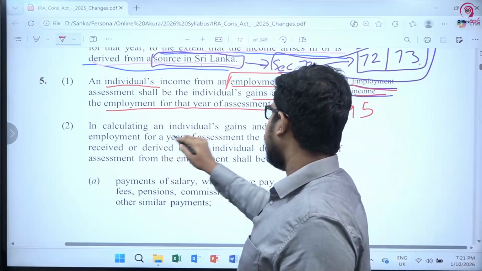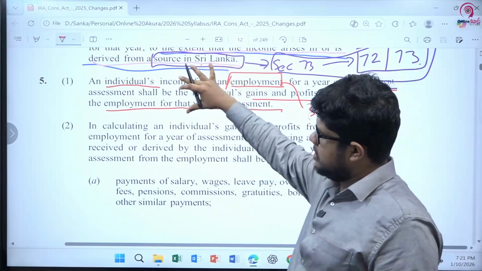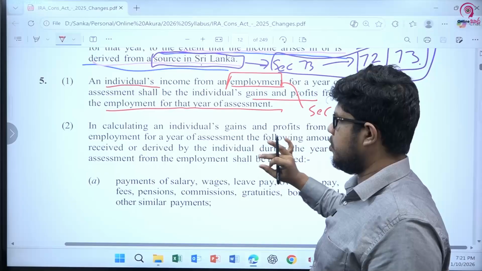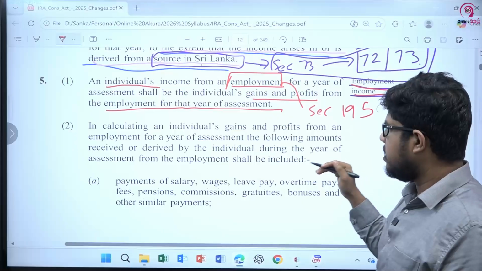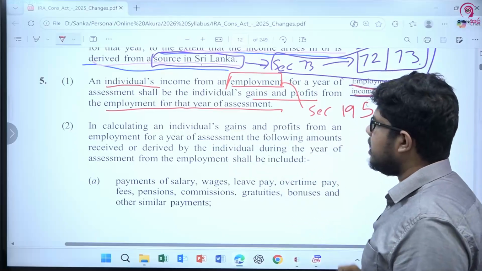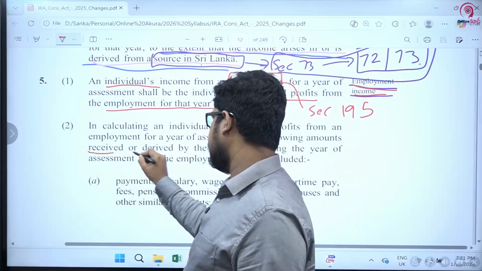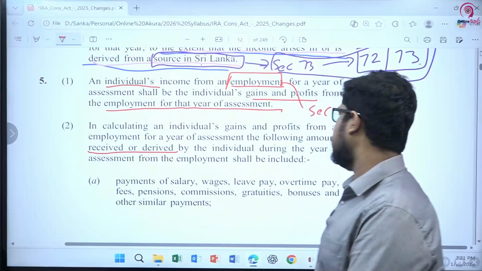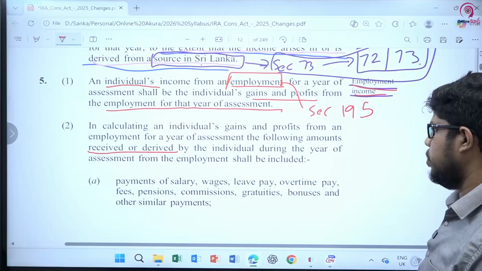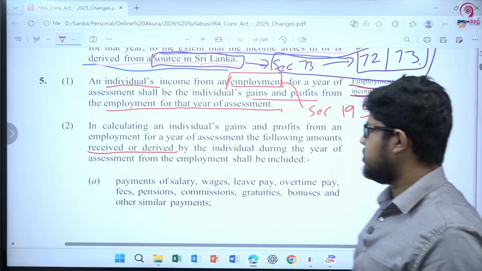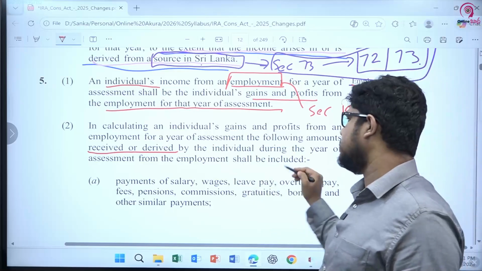In calculating an individual's gains and profits from an employment, the following amounts received or derived by the individual during the year of assessment from the employment shall be included.